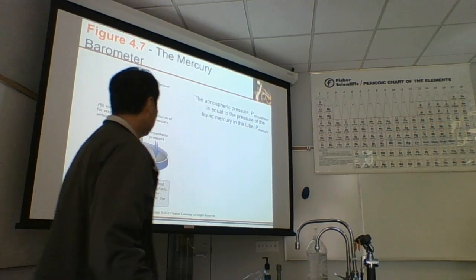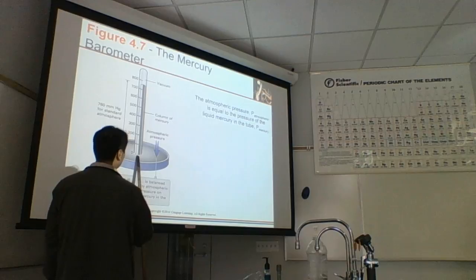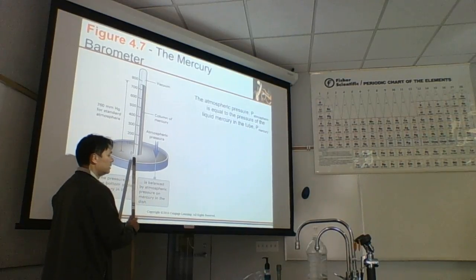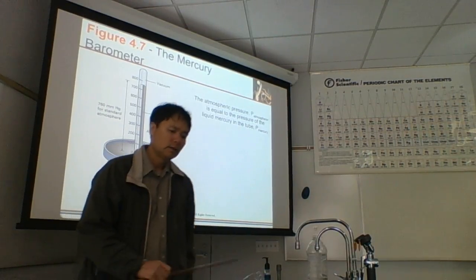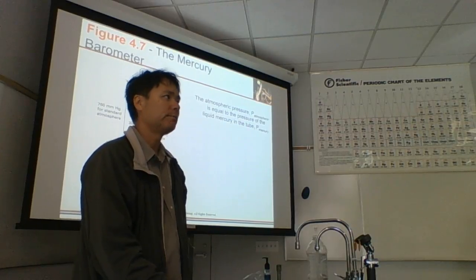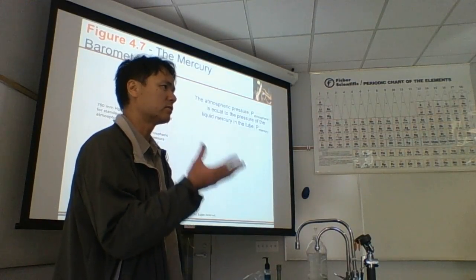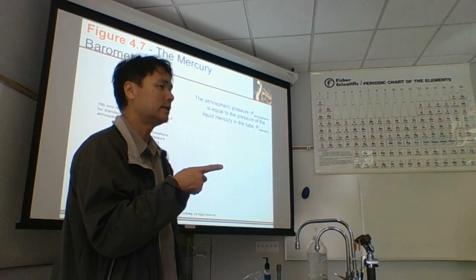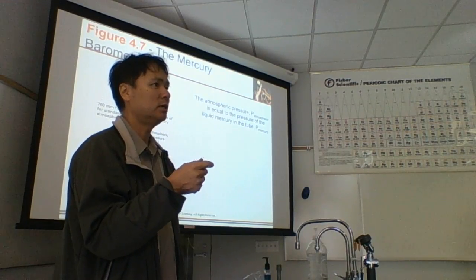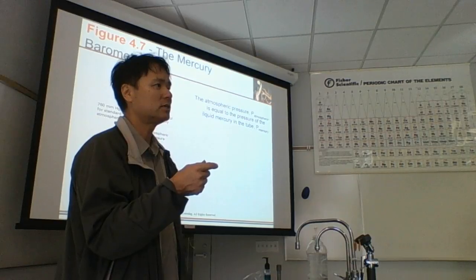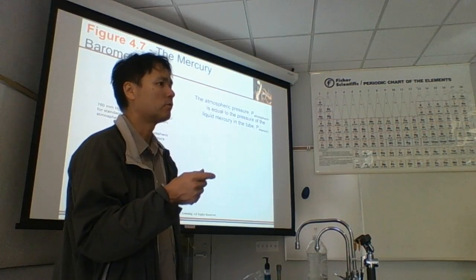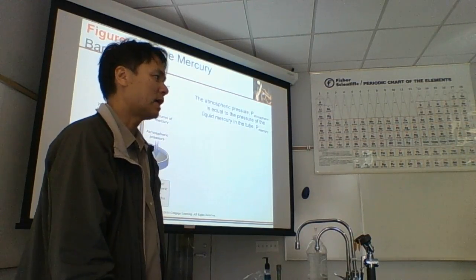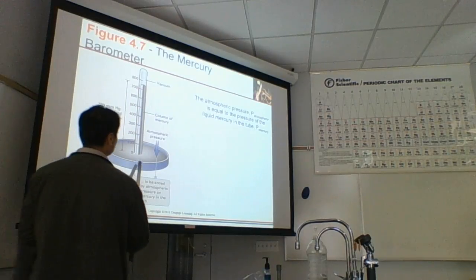We could calculate the pressure of the liquid mercury here using an equation in physics. The equation is the pressure is equal to the density times G. You know what G is? Gravity times H, the height.